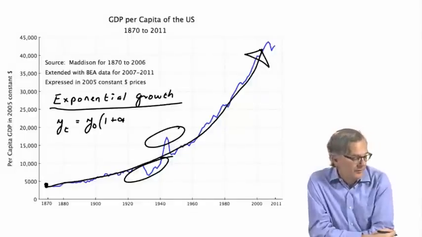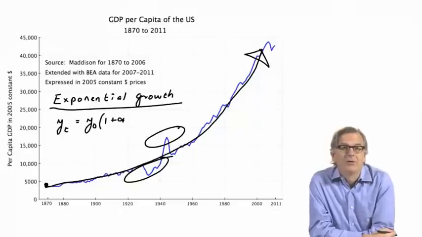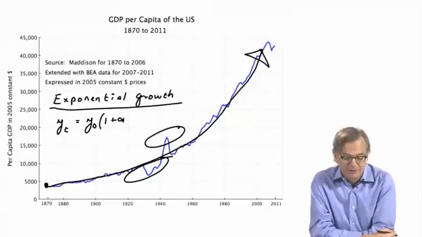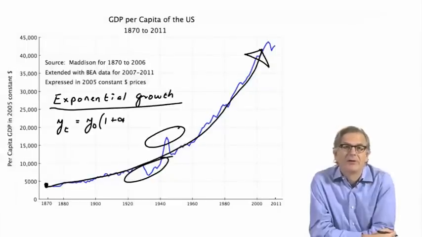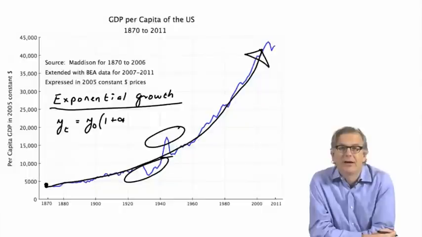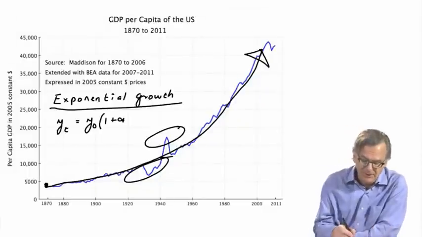Alpha, for example, might be a number like 0.02, which would represent an annual growth rate of 2% a year. It turns out that's actually a pretty accurate figure for the United States. But alpha, of course, will differ for different countries. So 0.02 would be a typical number. That's the number for the United States. It represents an annual growth in real per capita GDP of 2% a year.